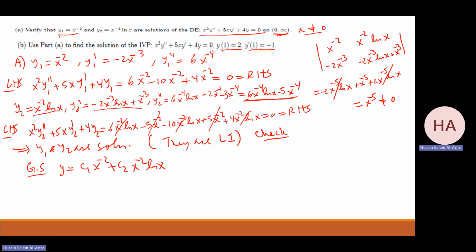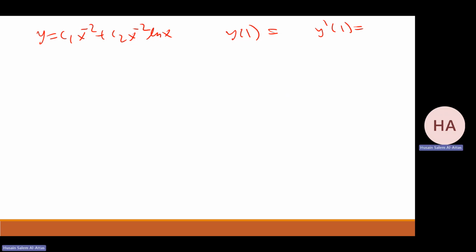Okay, so what is my general solution? y equals C1 x to the minus 2 plus C2 x to the minus 2 ln x. And the conditions: y at 1 equals 2, y prime at 1 equals minus 1.